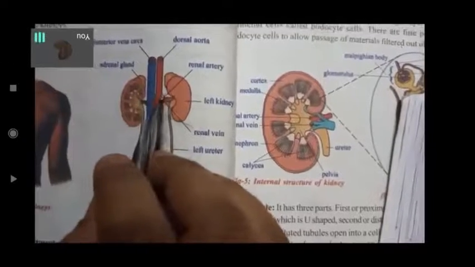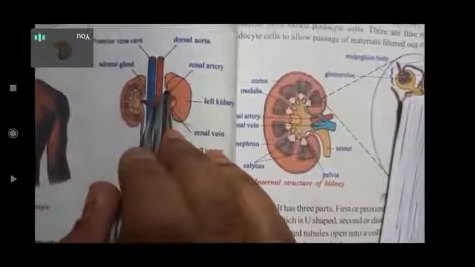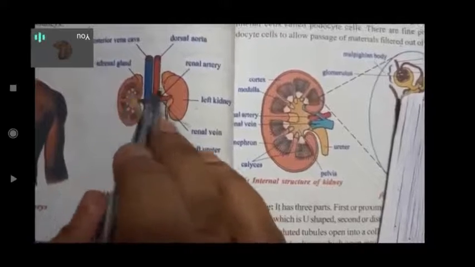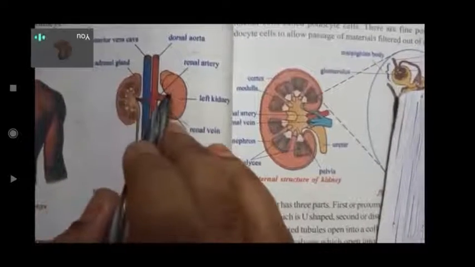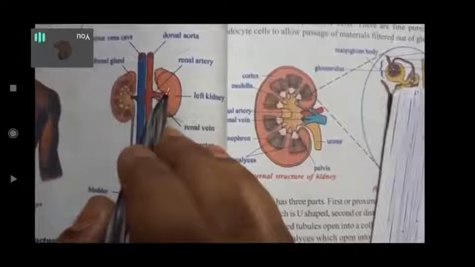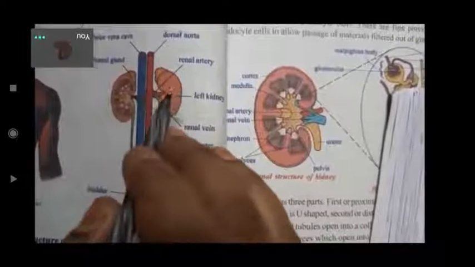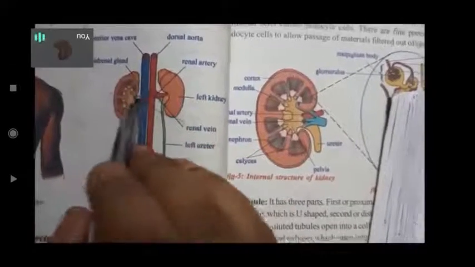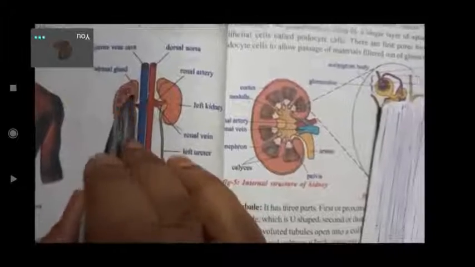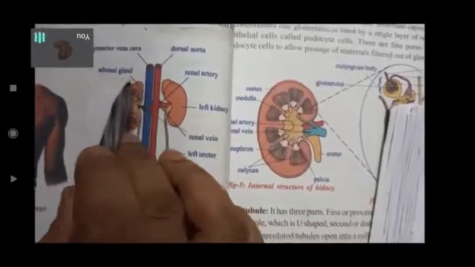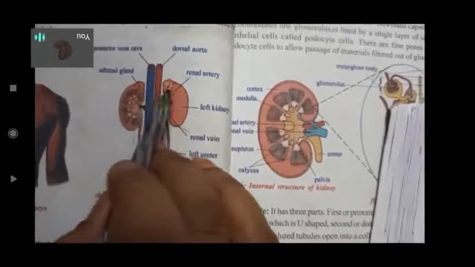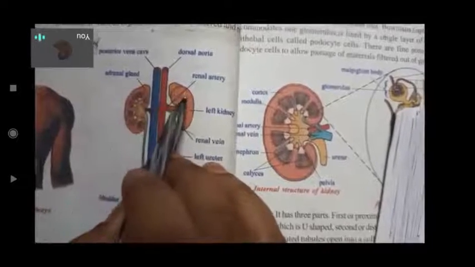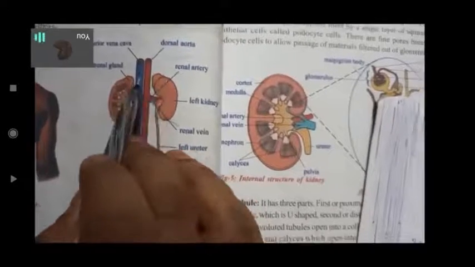They produce hormones, the most important hormones. A human being cannot live without those hormones, including sex hormones, which are released by the adrenal glands.